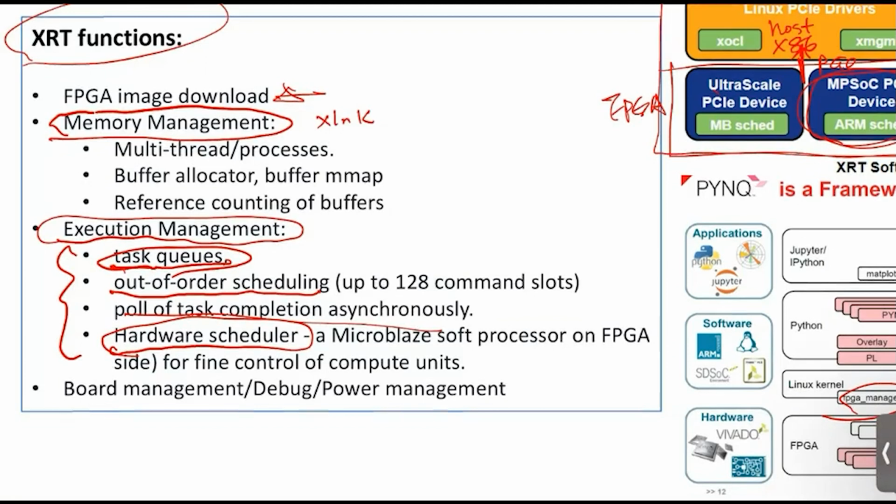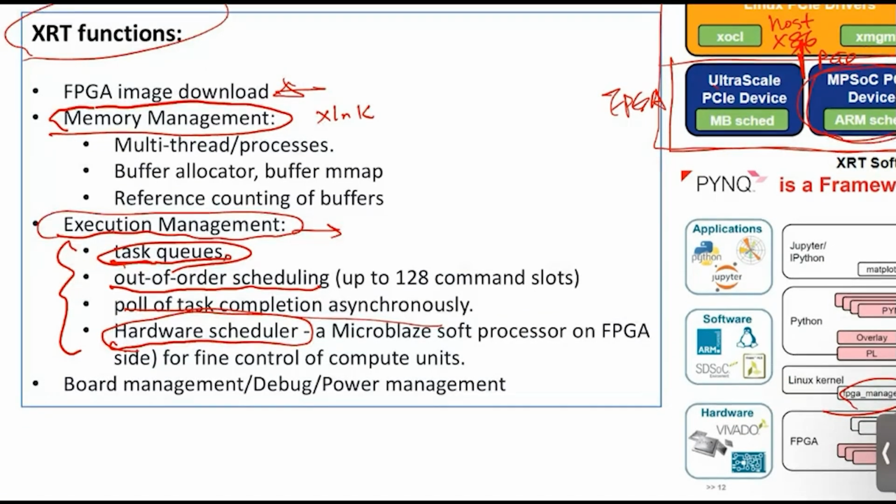So the execution management maps to the Pynq MMIO. And here, there's one very important thing I'd like to point out: it can have a MicroBlaze, a very tiny microprocessor that you can put on the FPGA.